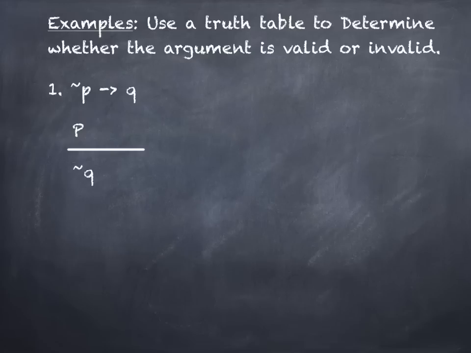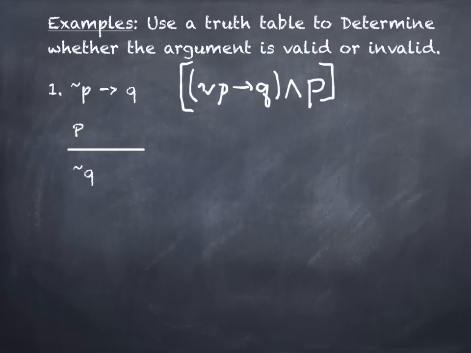Okay. So part 3 is to form this compound statement. The way that we form this compound statement is we take the first line, tilde P arrow Q, and we join it with an and statement with line 2, which is just plain old P. All of that becomes the antecedent, that is the part before the arrow in an if-then statement.